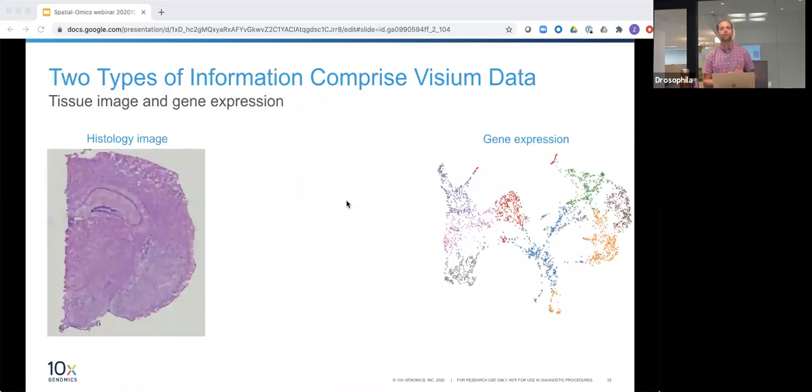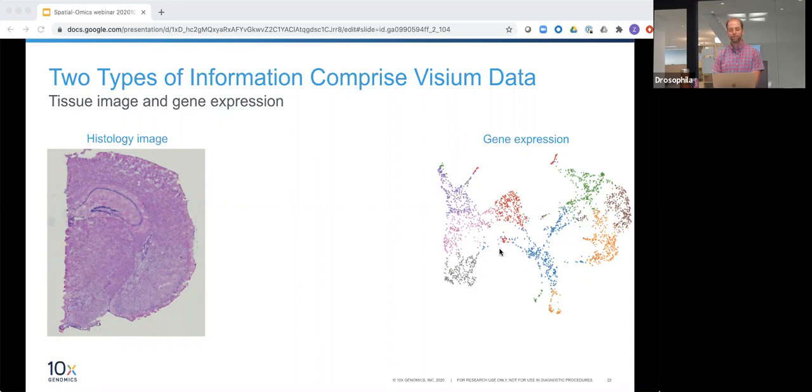So really, Visium gives you 2 types of data that you can overlay. First type is your imaging data. Every Visium output has an image of your tissue. You can see here on the left, this is a classic H&E stain of a mouse brain. Here on the right, this is that spatially naive clustering that I talked about. This is just a t-SNE, almost pretending like the spots are cells.